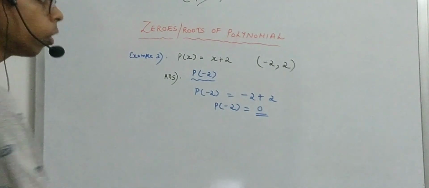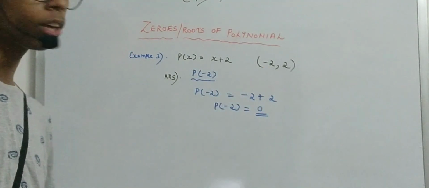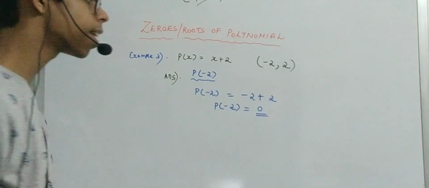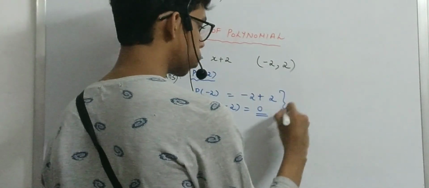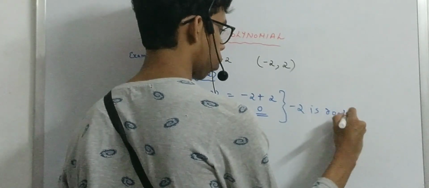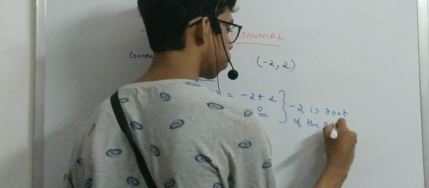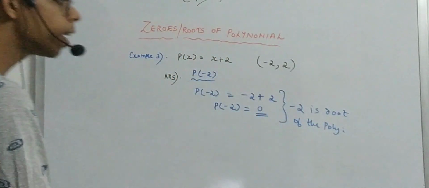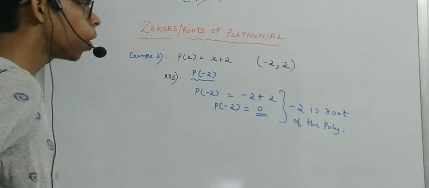I told you, if after substituting the value you get the answer as 0, then we can say that minus 2 is the root or the zero of the polynomial. So you can write minus 2 is the zero or the root of the polynomial.